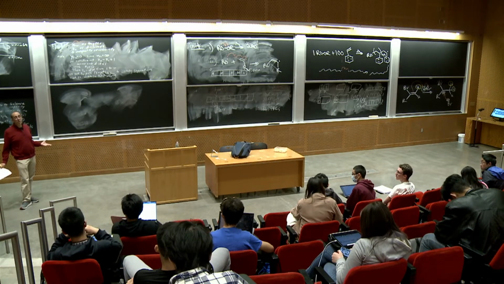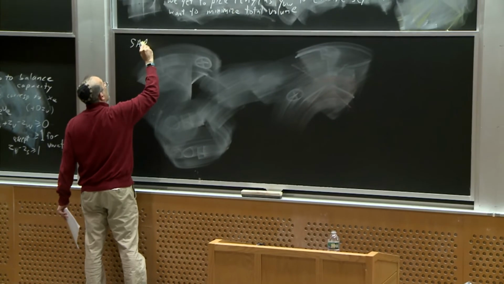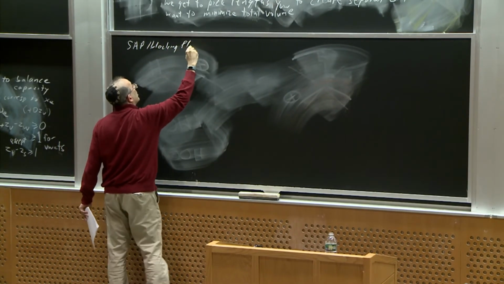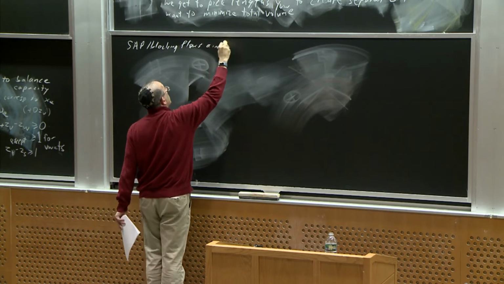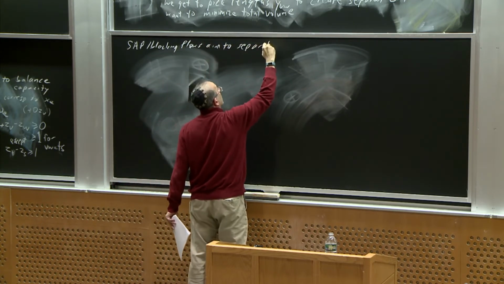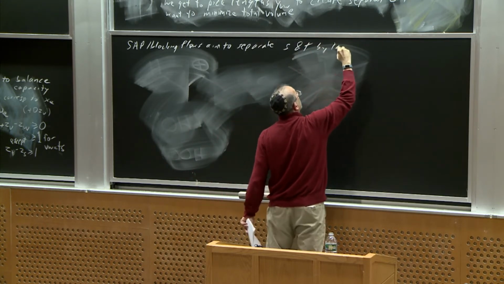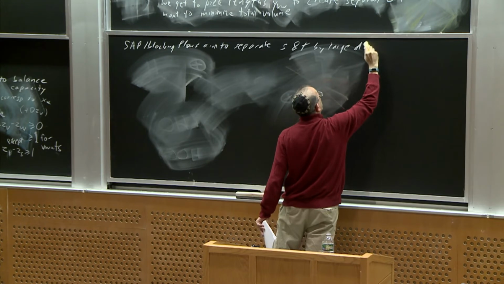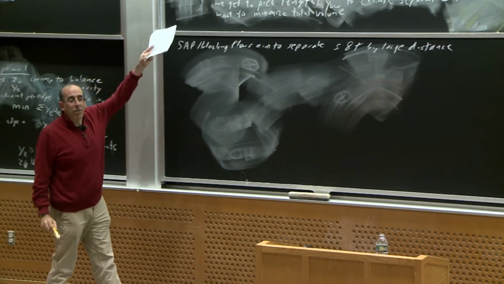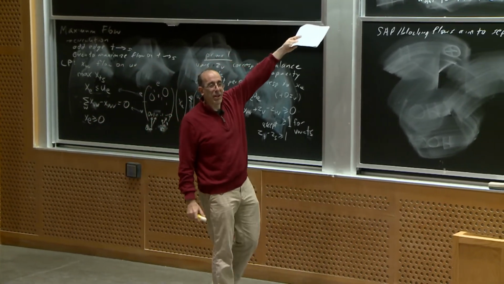And before that, shortest augmenting path, right? So the whole idea of shortest augmenting path in blocking flows is that they aim to separate S and T by a large distance. And that's exactly what the dual linear program is trying to do.